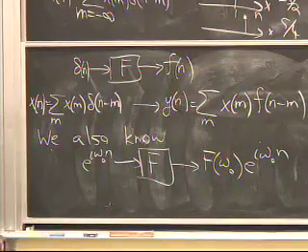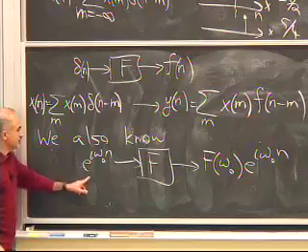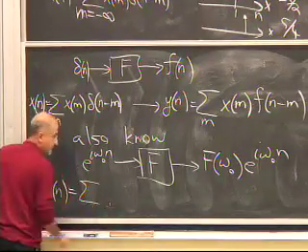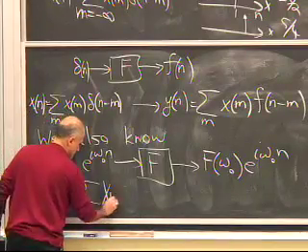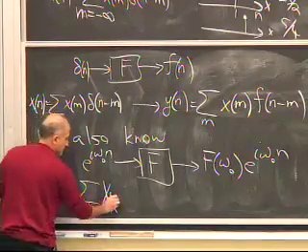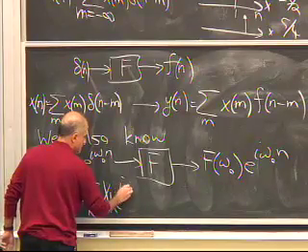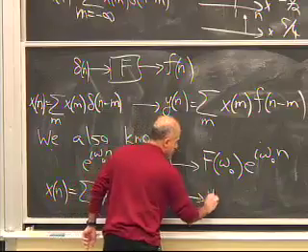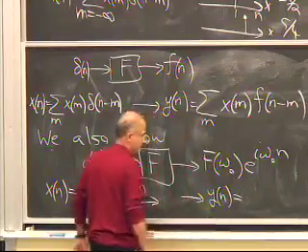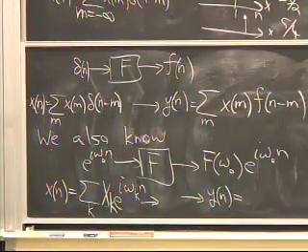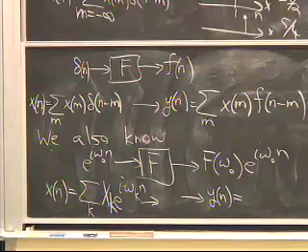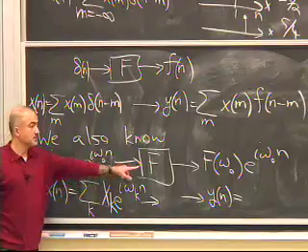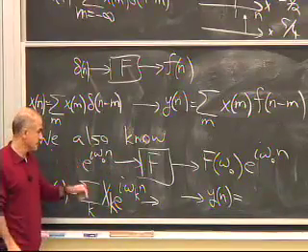So now if I can somehow split an arbitrary input signal into a linear combination of complex exponentials, then what am I going to get out at the output? I know what the system gives me when I give it one complex exponential. I'm talking about LTI systems here.